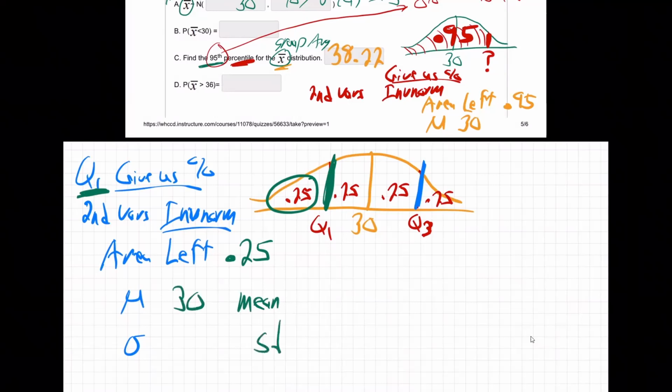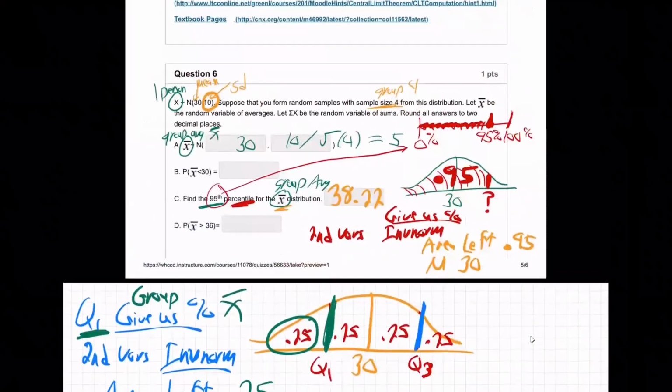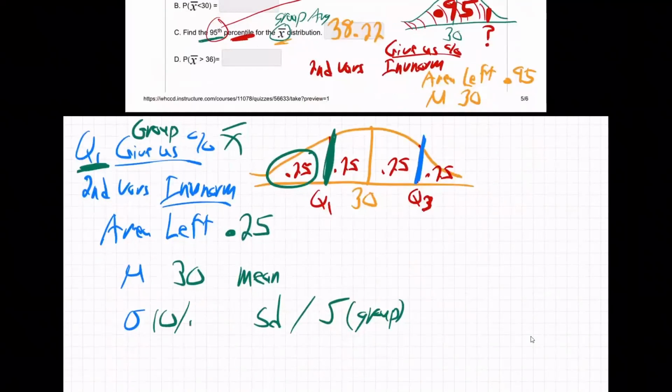And then this, though, is going to be standard deviation divided by the square root of the group, because again, we're talking about a group. I'm doing a group Q1 here, just like an X bar, which means average of a group. So I'd have to take whatever my standard deviation was, which I already forgot, 10 divided by the square root of 4. Like that. All right, type that in, you get your numbers.